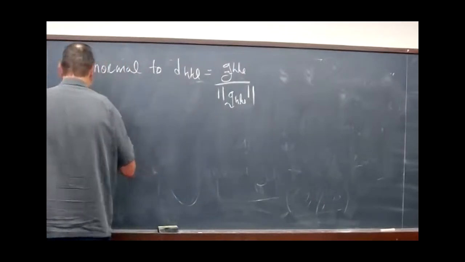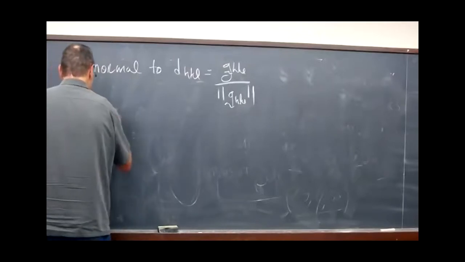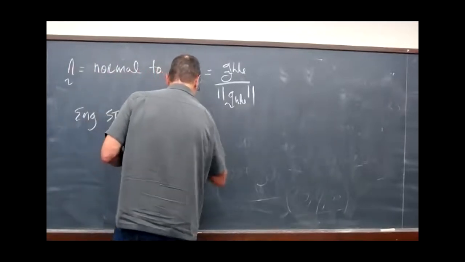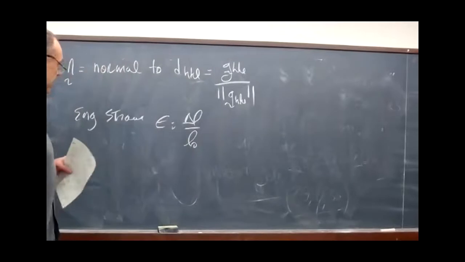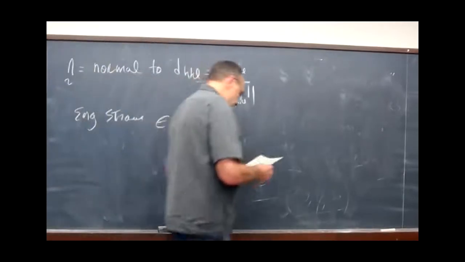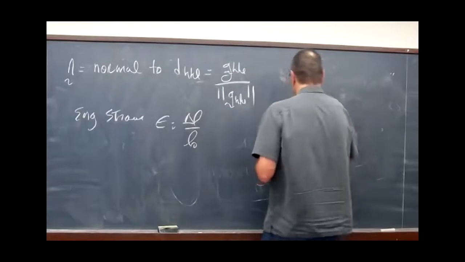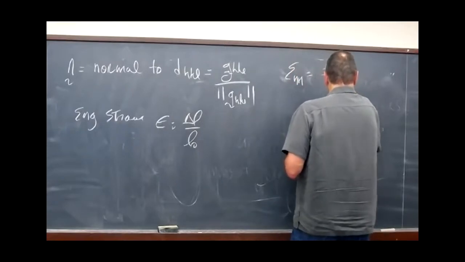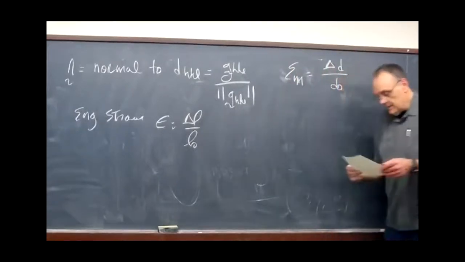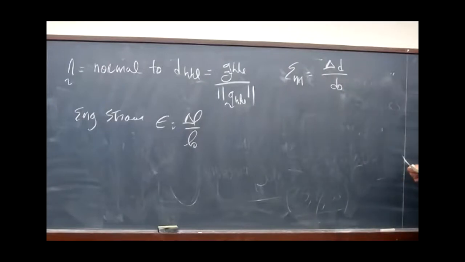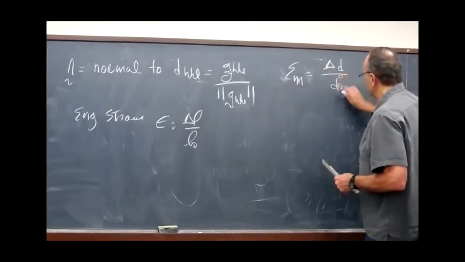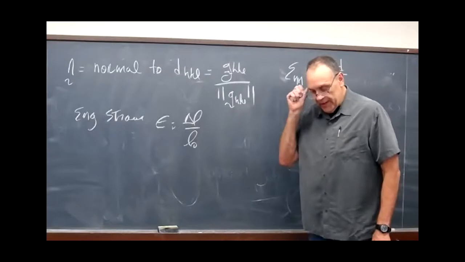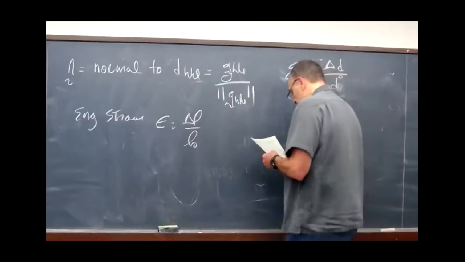So let's go back to our engineering strain, delta L over L naught. Well, we use the N to define epsilon N as delta D over D naught. We'll put this up here. So it's exactly like the normal strain that we defined in the tension test. So let's carry that through.